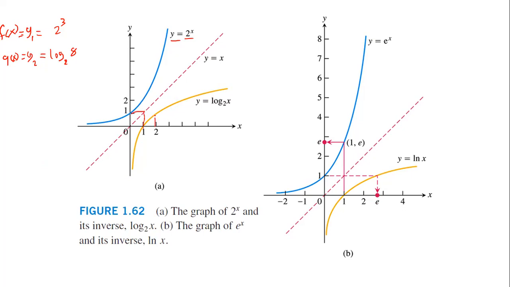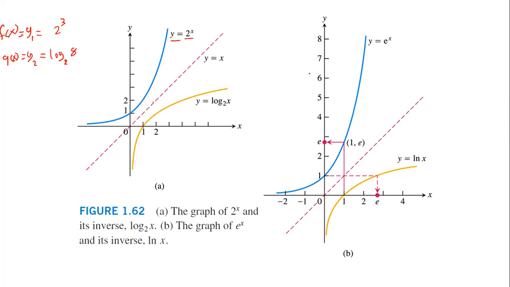When you have 2 on this function, you have to go all the way up, and then you have 2 on this, and so on. You see the mirror image? Everybody see the mirror image? Okay, so that is this function.